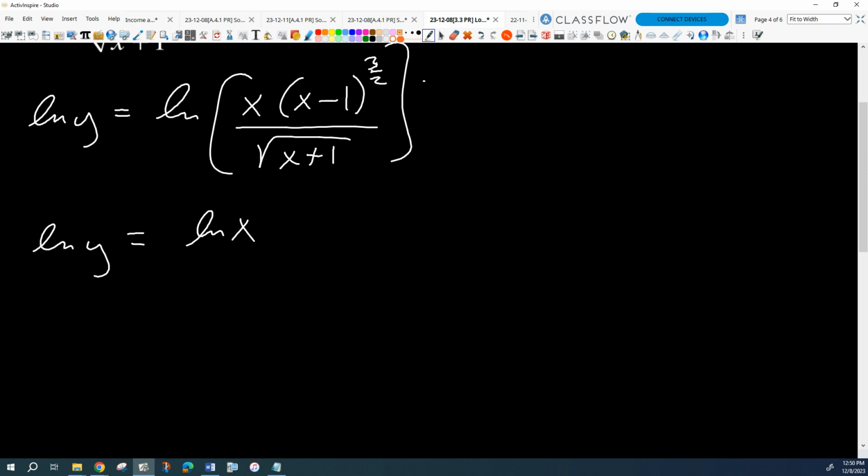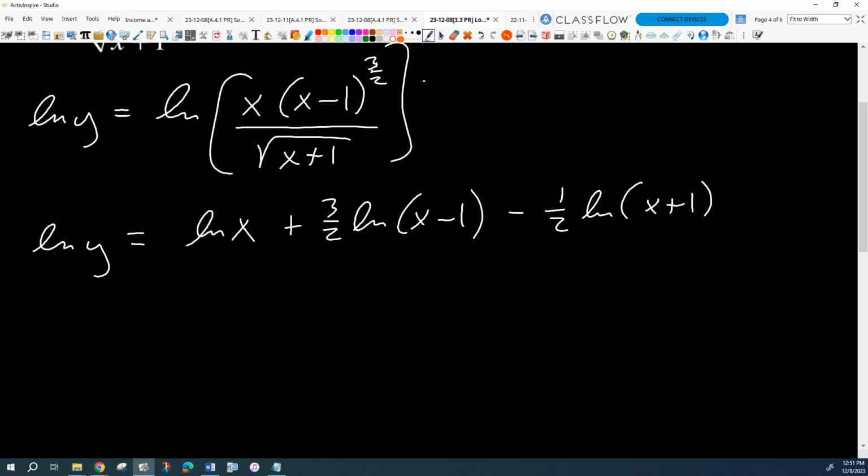Okay, log x plus log of that, but I can take the exponent out front, right? Right? Easy. Okay, now I can find y prime.